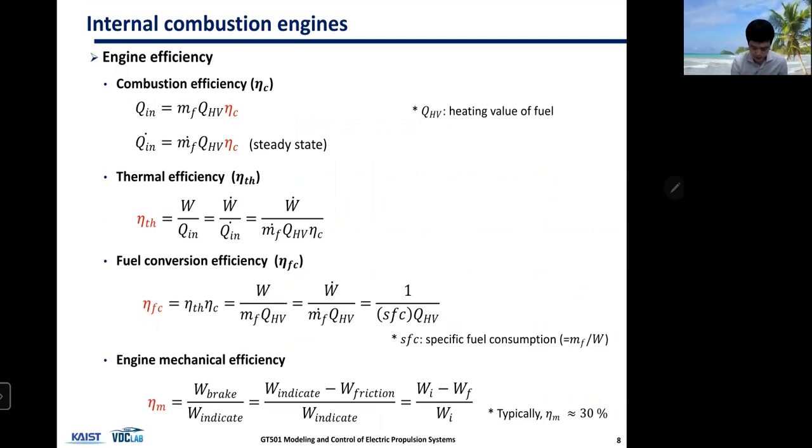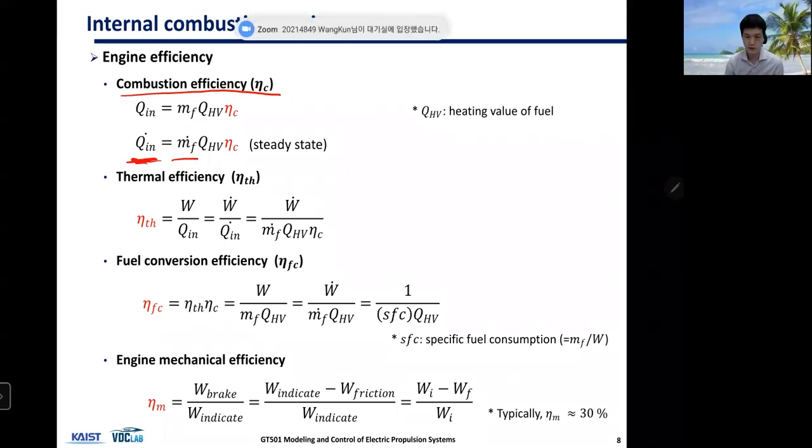So there is this combustion efficiency, which is basically the efficiency of the fuel energy converted into heat energy, where this heat energy is a very theoretical number because there are all kinds of losses involved when it comes to converting fuel energy into mechanical energy.